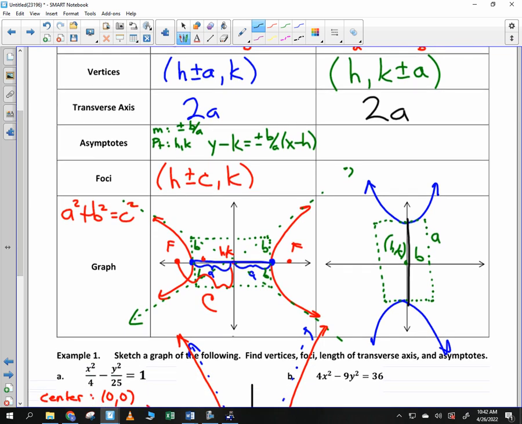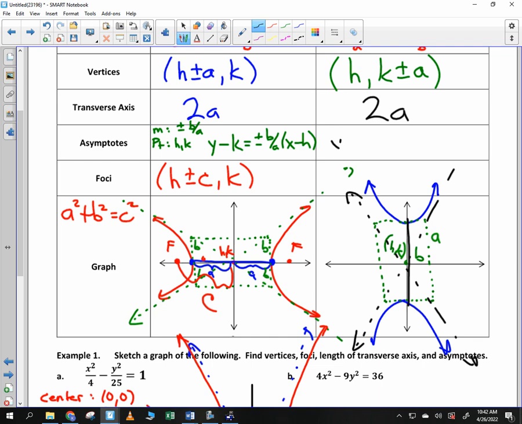I've got my asymptotes. I draw my asymptotes. The asymptotes still travel through the center, h, k, correct? What's the slope this time? The rise is a and the run is b.